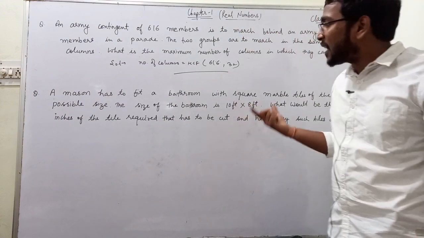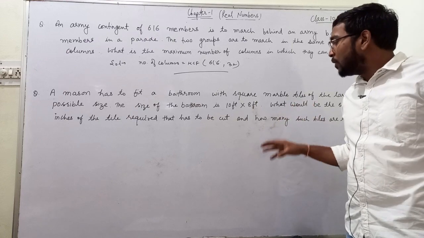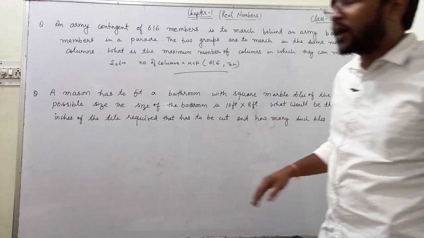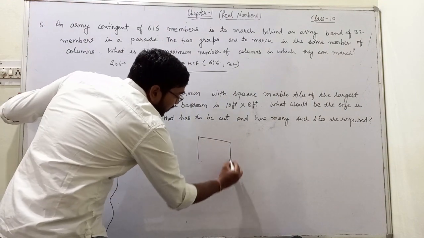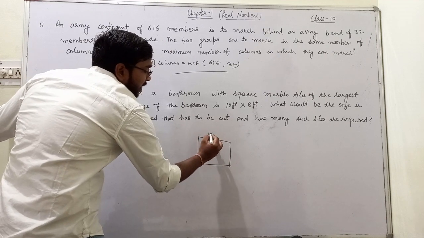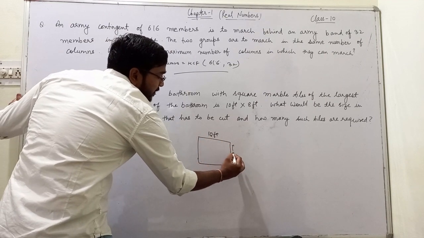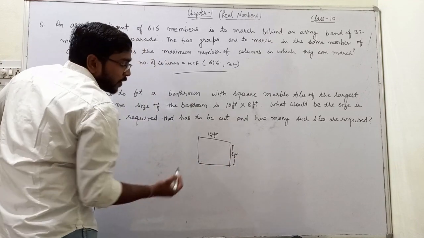So what should be the size of the tile that he inserts into the bathroom, so that he does not have to cut the tile? Now look, if this is the size of the bathroom, then this is 10 feet and the breadth is 8 feet. Okay, now what should be the size of the square tiles?